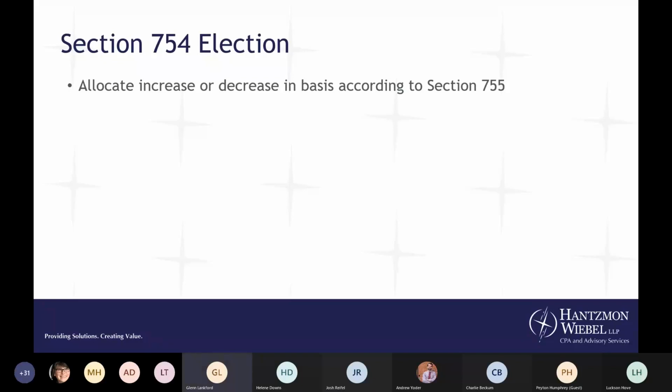The partnership has cash of $1,000 and a piece of property that's worth $10,000 and has a basis of $5,000. And they sold their 20% interest for, I guess it would be $2,200. And they had a gain of, say, $1,000.